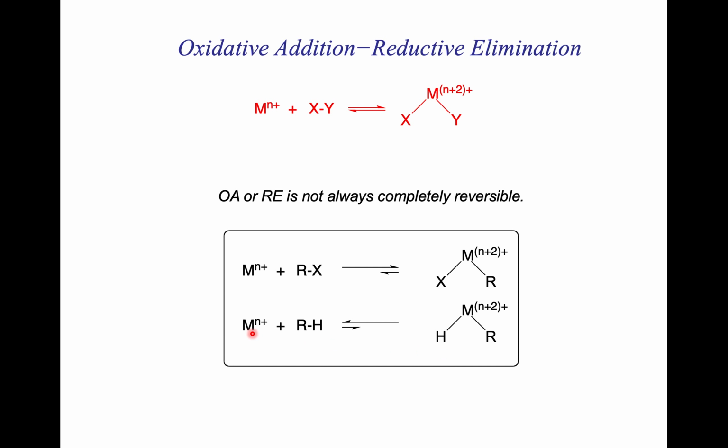But this other one, we've got R with H, and we can do this reaction, but you'll notice the equilibrium in this case, for most metals, lies really far to the left-hand side. So it's doing the oxidative addition just a little bit, or you could say the reductive elimination is favored. Here the oxidative addition is favored.